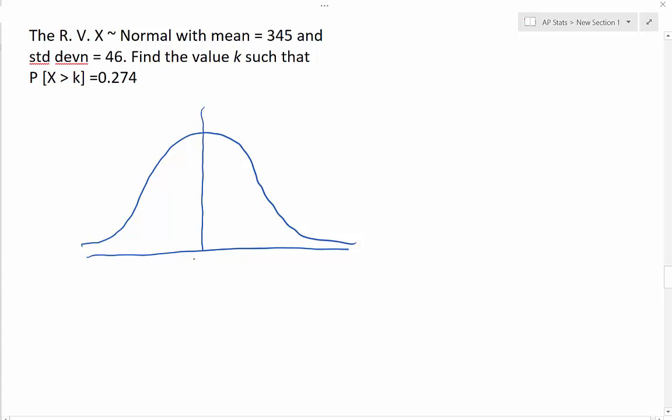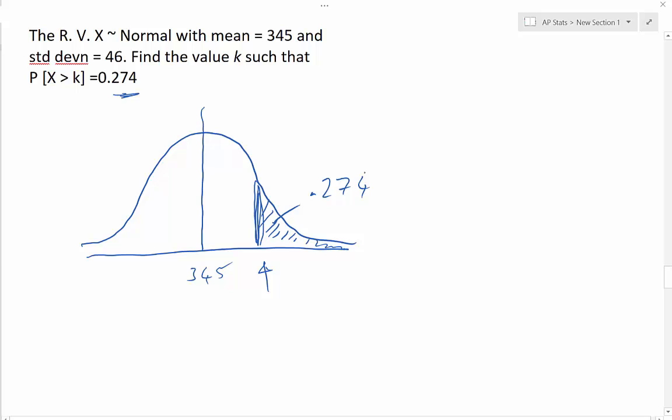Well, it's symmetric, so for sure the probability of being more than 345 is 50%. So if it needs to be 27%, this guy needs to be up here. So what it's really asking is to find this value where this area is 0.274.